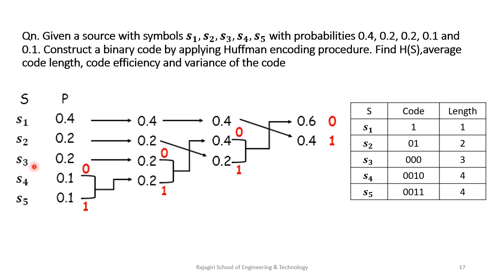The code corresponding to the source symbol S3 is 0, 0, 0. The code corresponding to the symbol S4 is 0, 0, 1, 0. And the code corresponding to the symbol S5 is 0, 1, 1, 1.